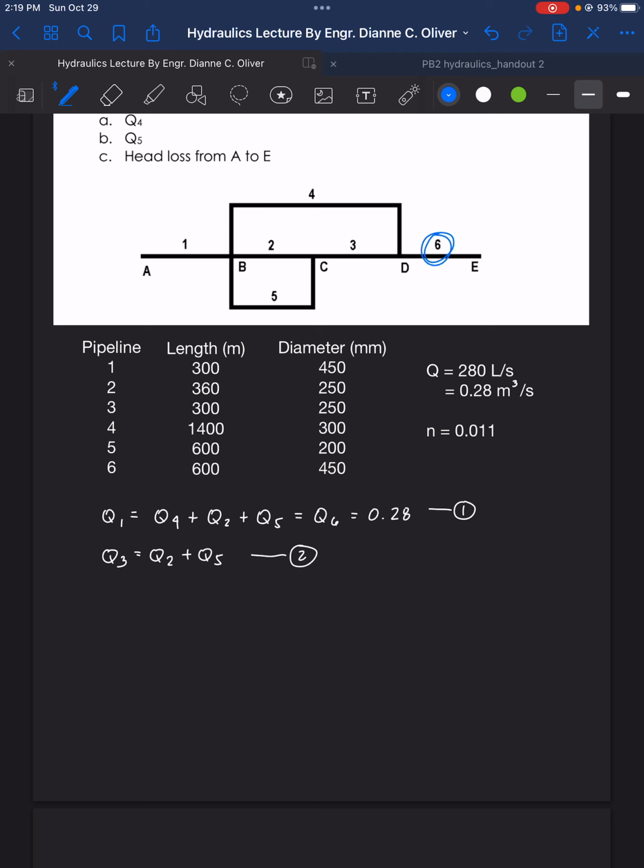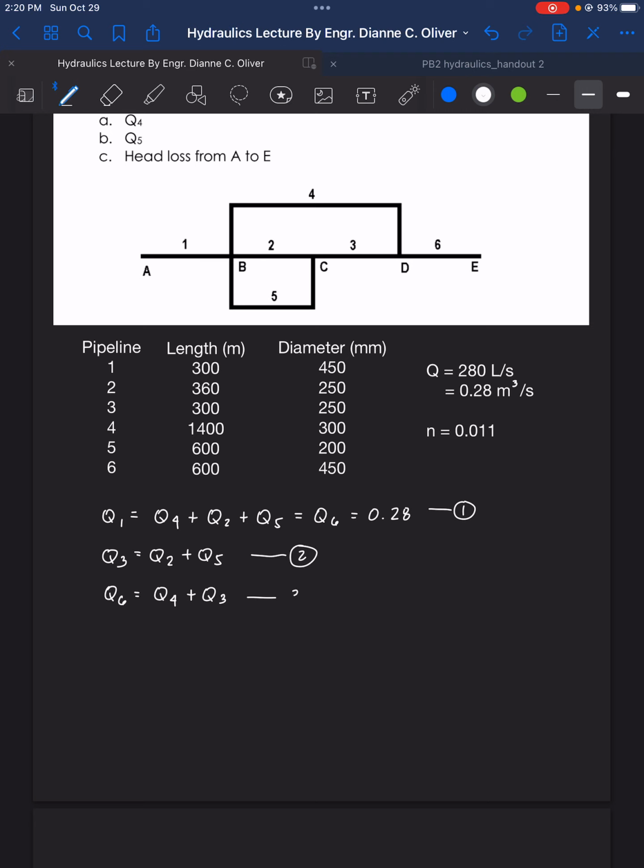The discharge at 6 is equal to the combined flow from pipe 4 and pipe number 3. So Q sub 6 is equal to the discharge at 4 plus the discharge at pipe 3.